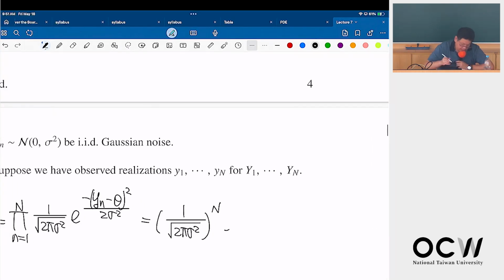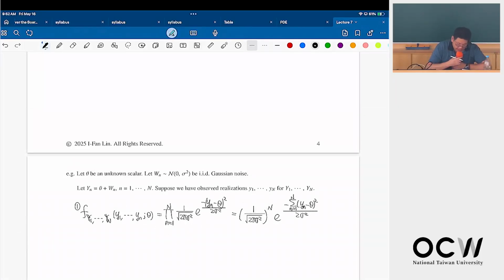And then the exponential, we have minus the summation n from 1 to capital N, yn minus theta squared over 2 sigma squared. Now we want to find the best theta.